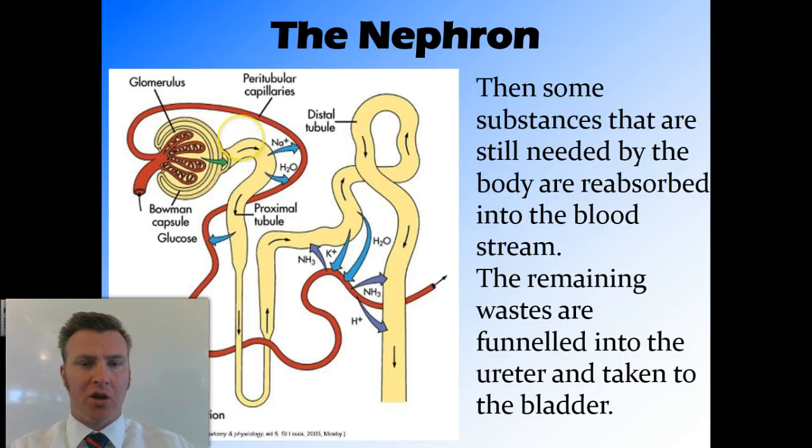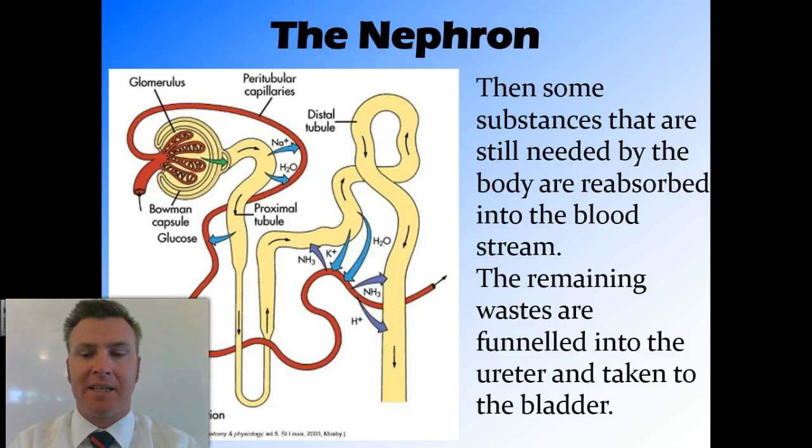And reabsorption occurs all the way along the path. Firstly in the proximal tubule, then into the descending loop of Henle, the ascending loop of Henle, the distal tubule, and then into the collecting duct.